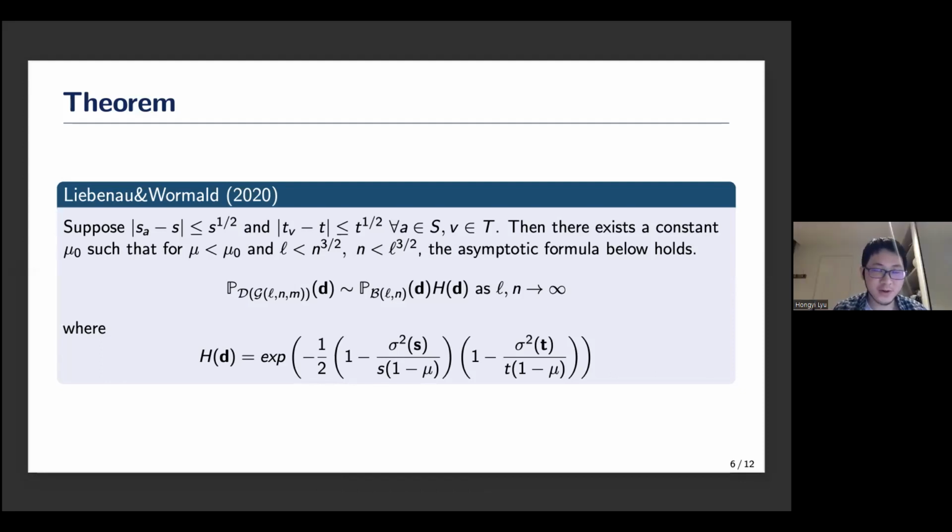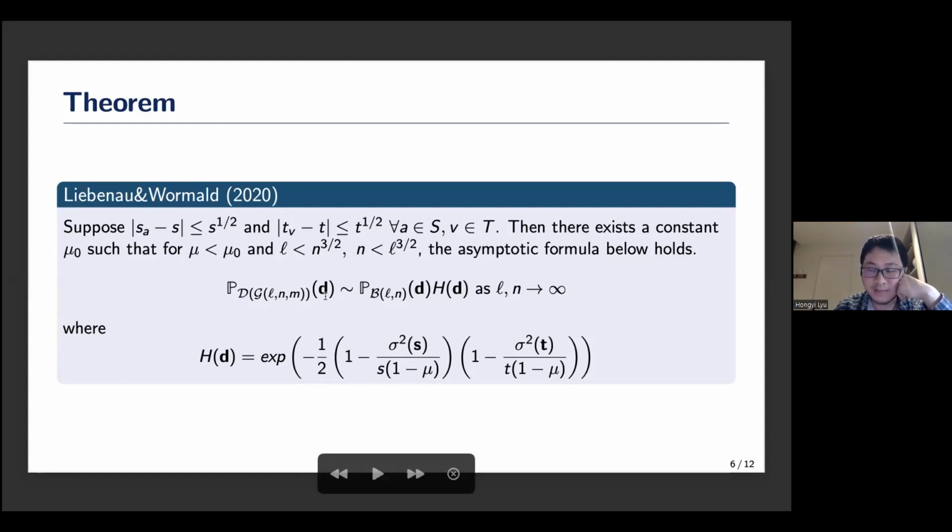Yeah, this is not really a very rigorous term, I'd say. To be more specific, previously, when we say sparse, we actually mean of order little o of 1. But previously it was actually only proved for density of order little o of 1 over L times N to the a quarter, which is much smaller than little o of 1.